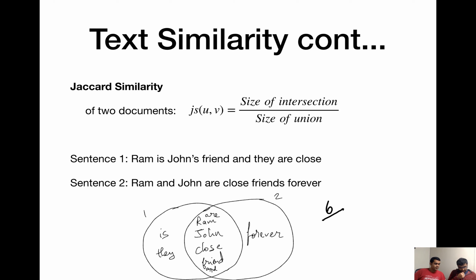So it's 6 divided by 6 plus 2 plus 1, which is 6 by 9, which is 2 over 3, approximately 66%. So approximately these two sentences are 66% similar. This is Jaccard similarity. Pretty straightforward and simple to understand.